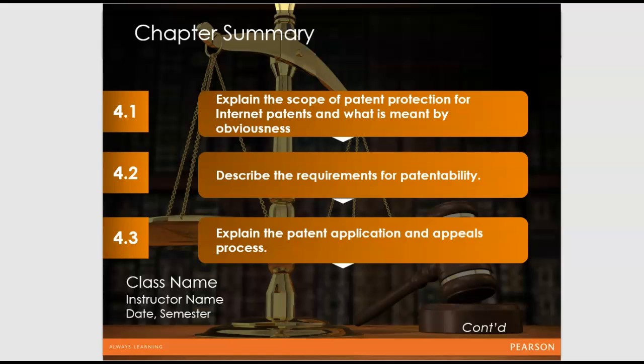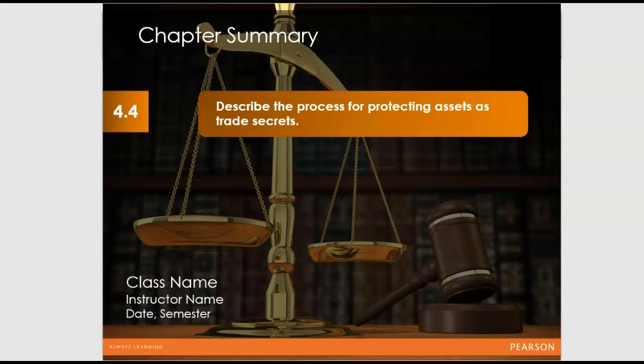And we ended with trade secrets, Coke, one good example, KFC's sauce, another example that just came to my mind. The trade secret itself is not owned by anyone, but it is valuable because it is kept as a secret and no one can find it out, even using all available technology.